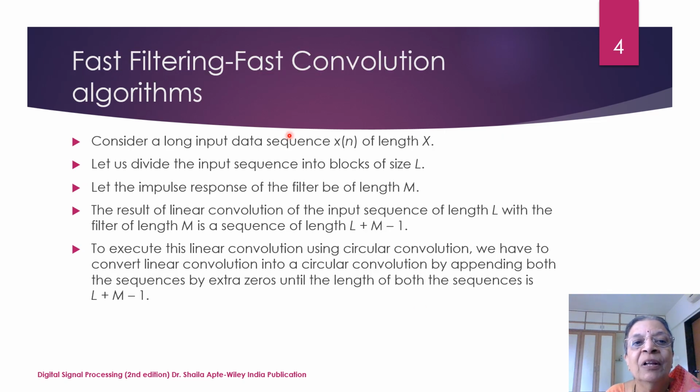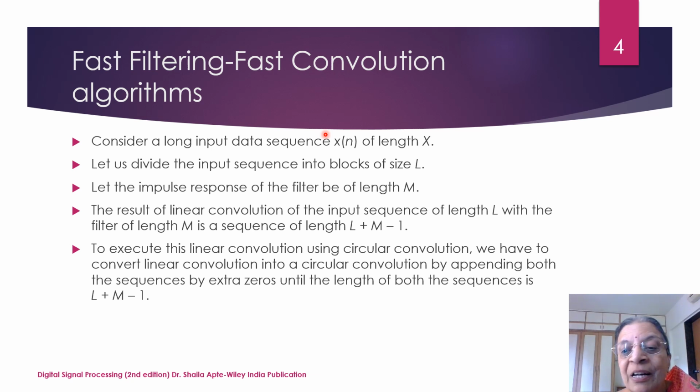Now, when we want to do fast filtering, we'll have to use fast convolution algorithms. Just consider the problem that we can have. When we have N samples in the data and M samples in the filter, the linearly convolved sequence will have N plus M minus 1 samples.